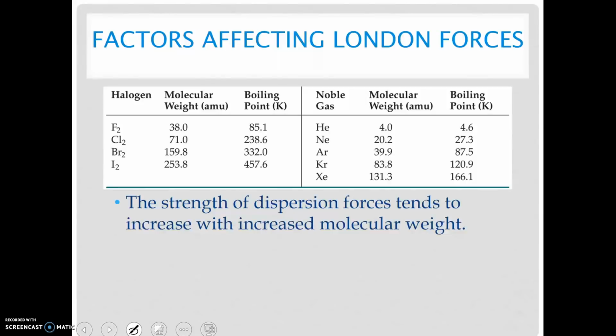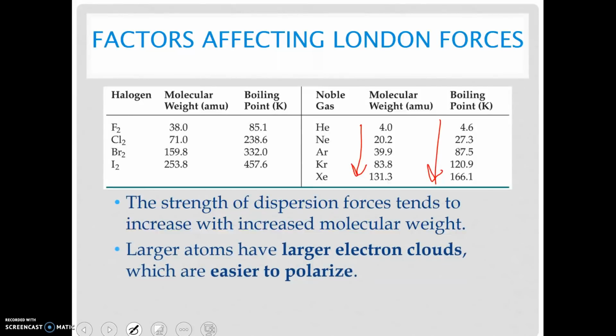The strength of dispersion forces also tends to increase with increased molecular weight. Here, molecular weight is increasing, and the boiling point is increasing. That's because the bigger those molecules are, the larger the electron cloud. They probably have a lot more electrons, which means they're more polarizable. Remember to use that word.